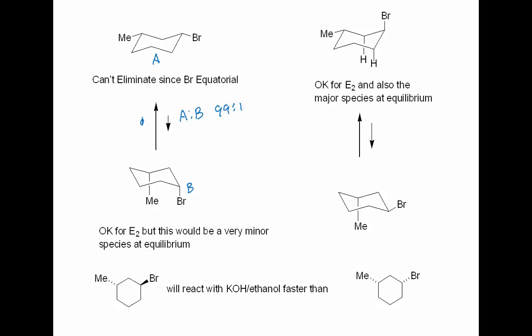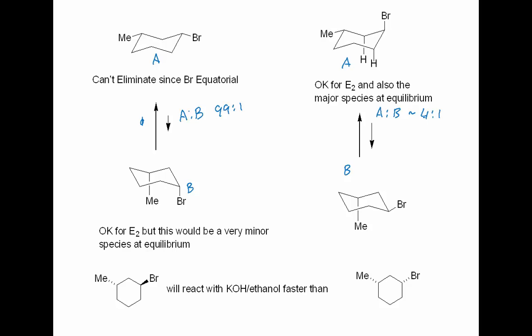All right, if we look at the other one, the bromine is axial in the most stable conformation. It'll ring flip. Here I'm going to just say that A to B is probably about 4 to 1. I don't know the exact number here.